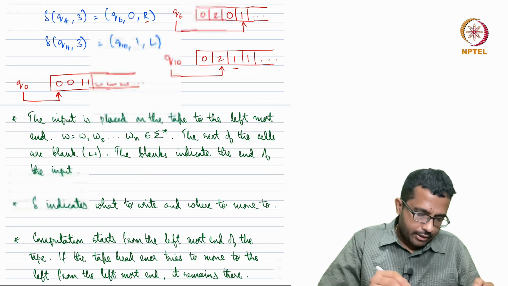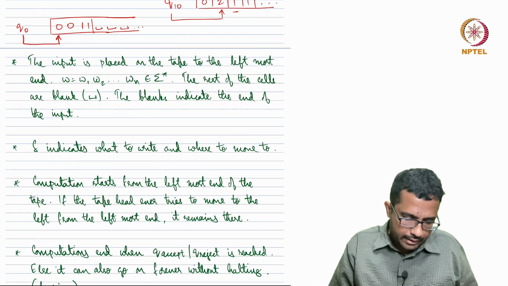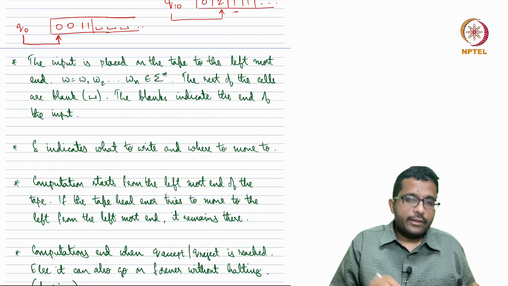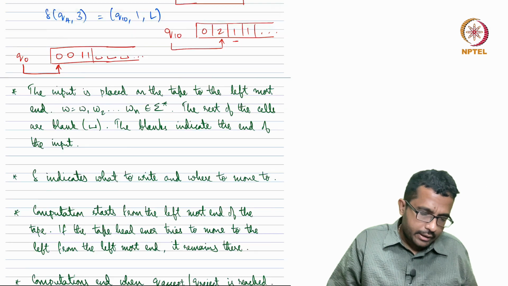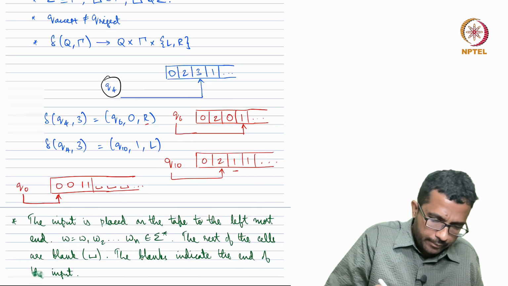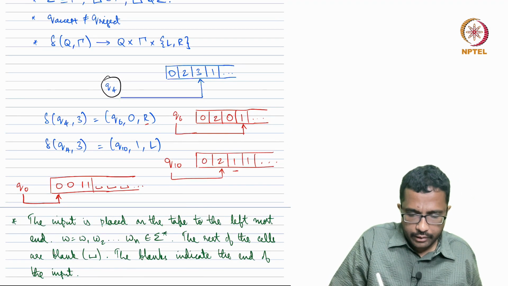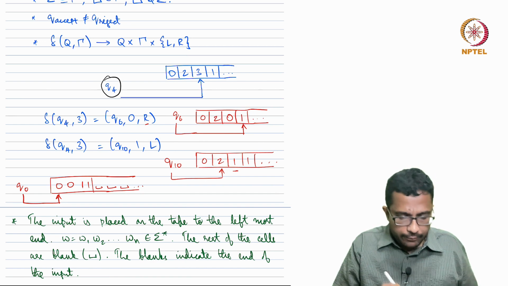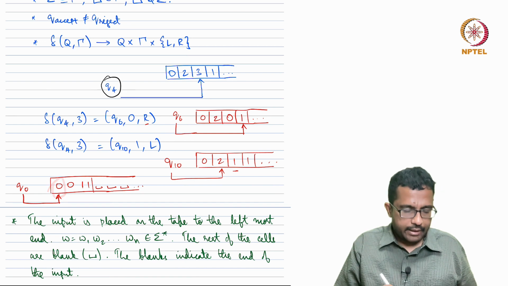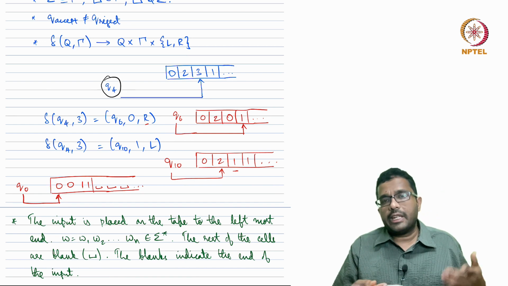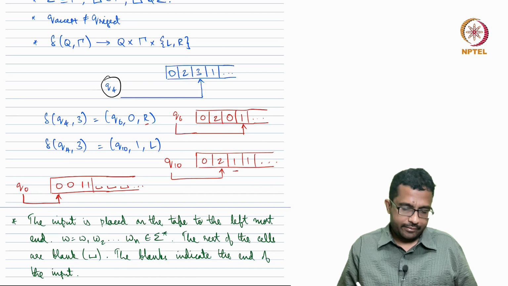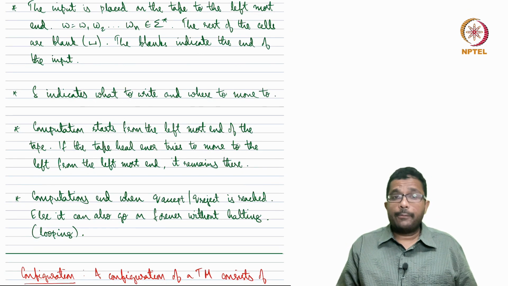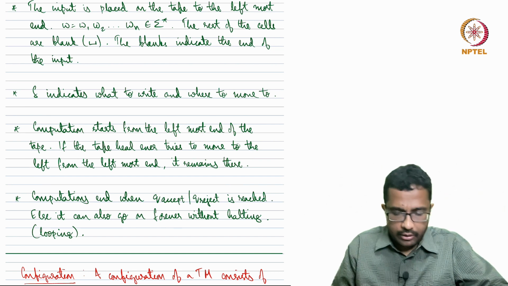So delta does all this, and as I said, computation starts from the leftmost end of the tape. One small point: from this point 0, if it tries to move right, you go here, if it goes left, we go here. But if we try to go left from the leftmost location, we just remain there because there is nothing more to the left side. And like I said before, the computations end when you reach the accept or reject state.